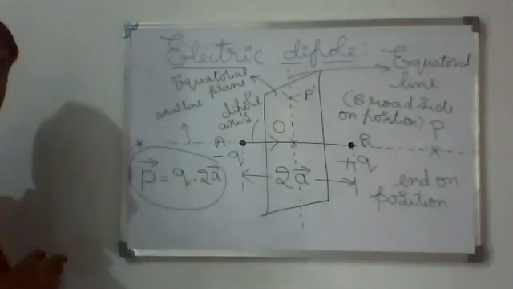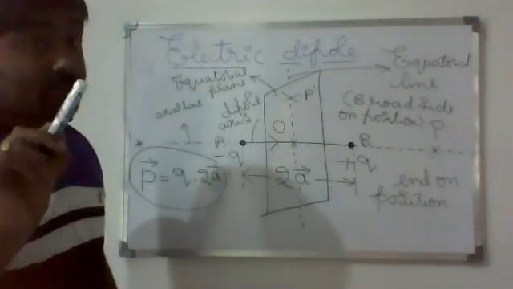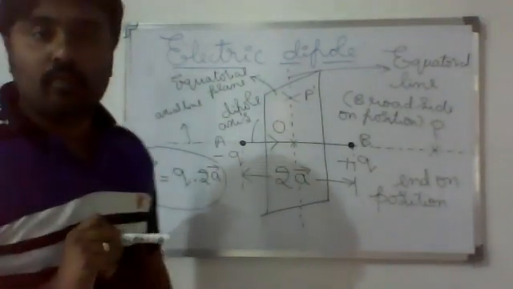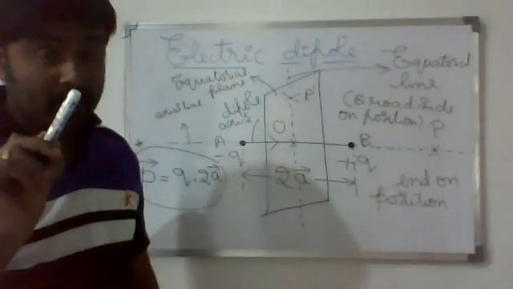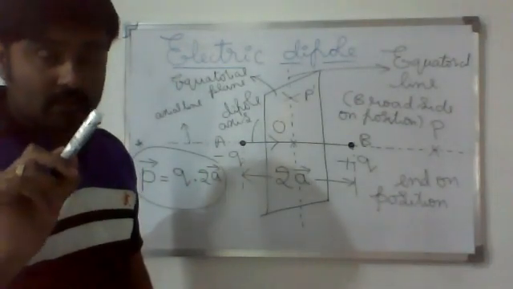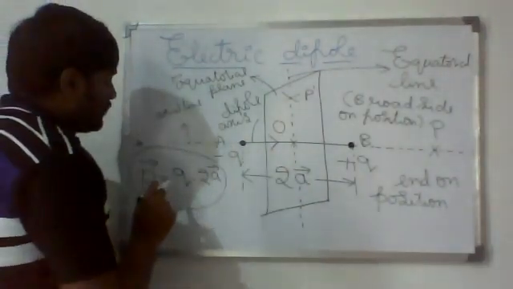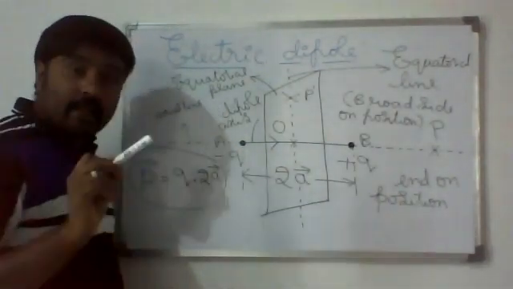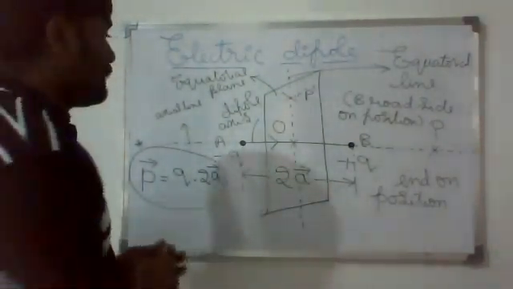So that is called electric dipole moment, and it is a vector physical quantity. The direction of dipole moment is the same as the direction of the dipole axis.